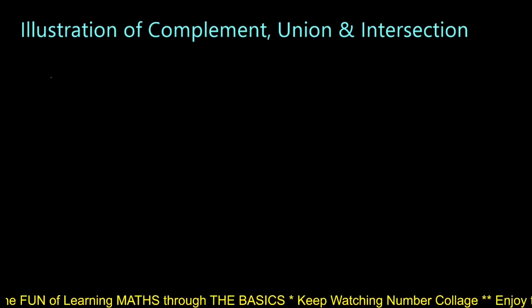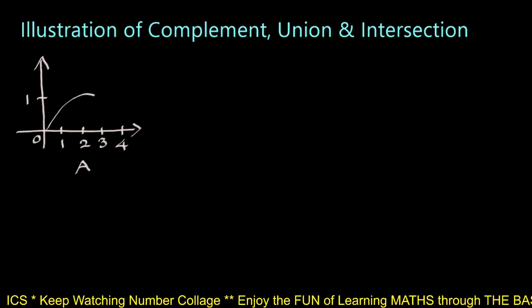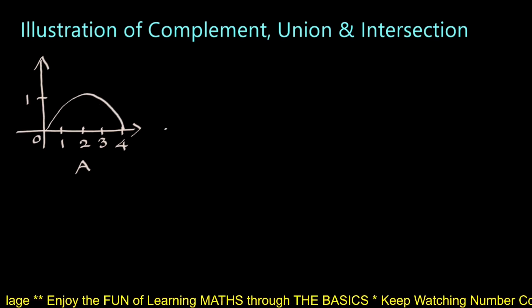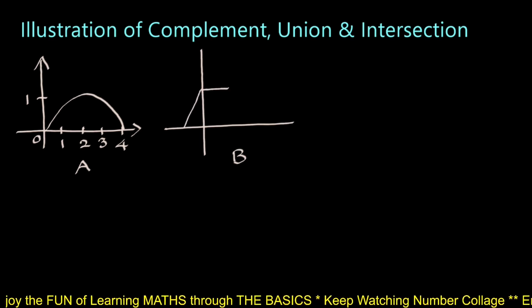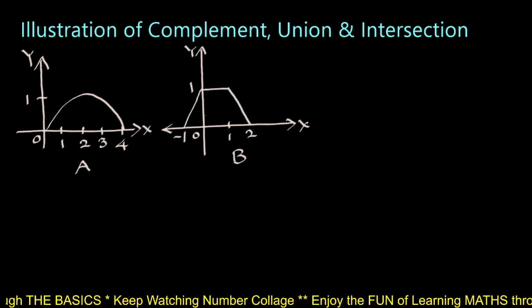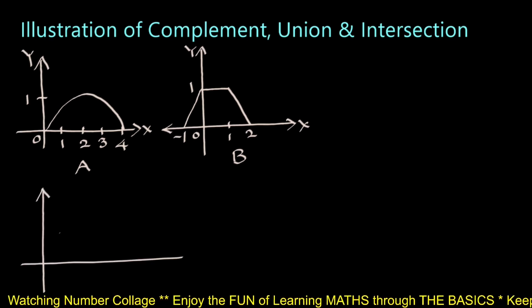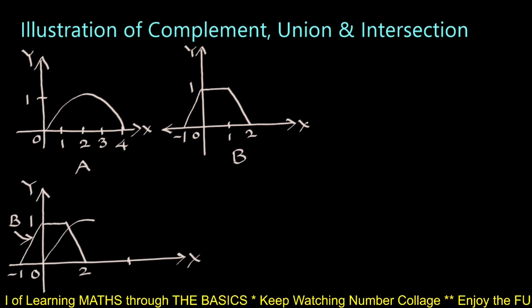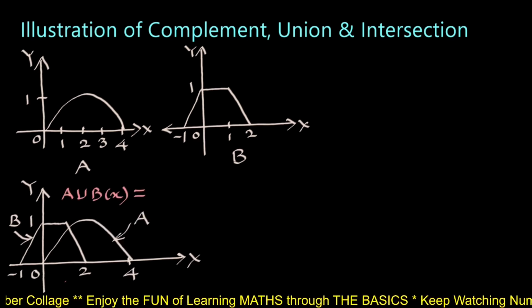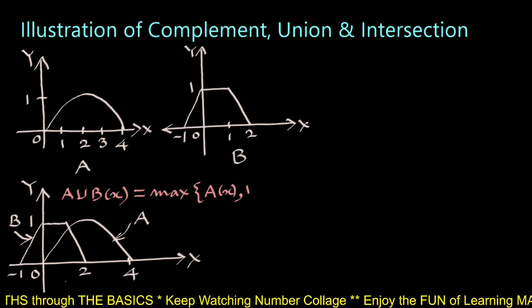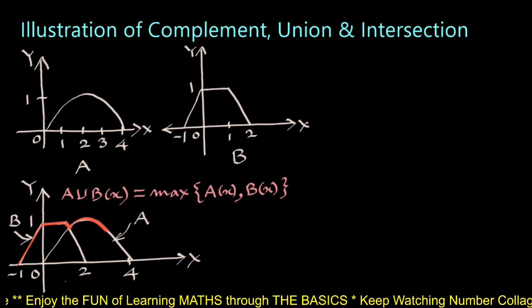We will take another example. Fuzzy set A is defined by a parabolic function like this, and another fuzzy set B is defined by a trapezoidal function as shown here. In order to find their union, we will superimpose B on A, and as we know, A union B of X is the maximum of A of X and B of X, which will be this upper part marked in red.